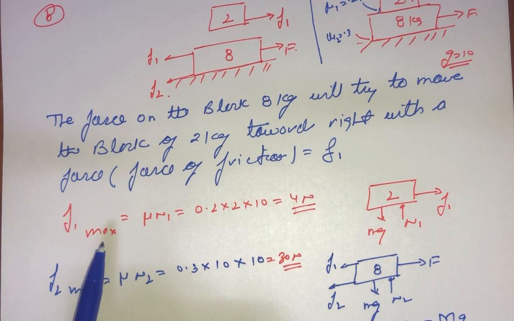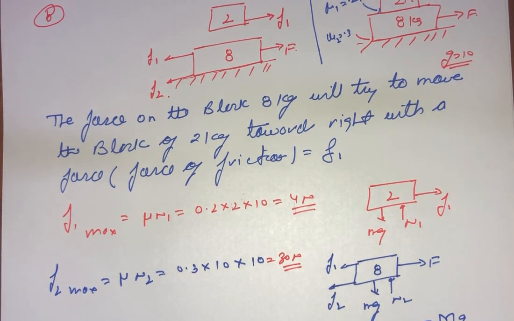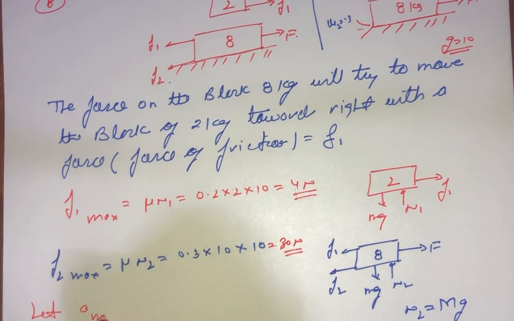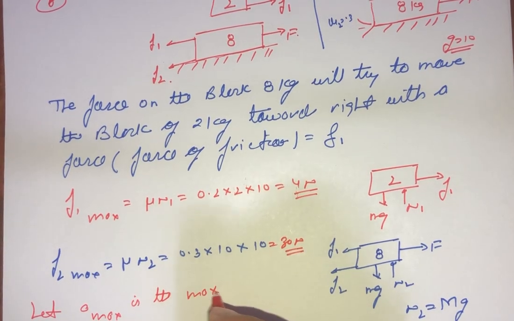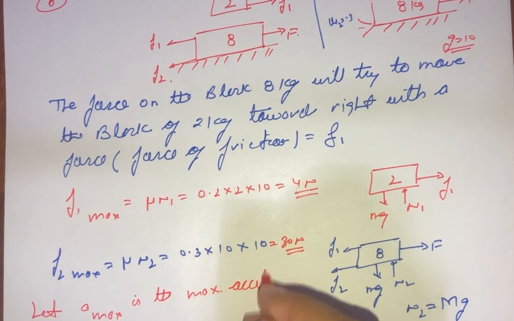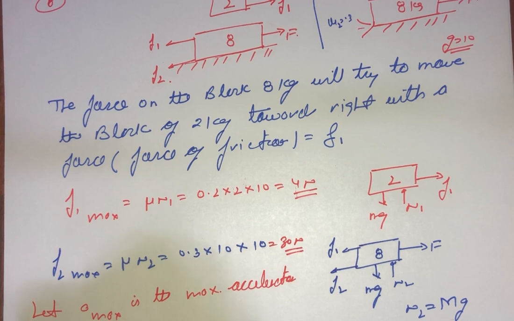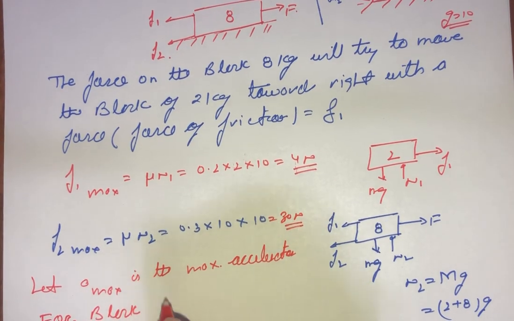So we have that the maximum acceleration of the 2 kg block, let us suppose it is A max. So let A max be the maximum acceleration for the block of 2 kg.